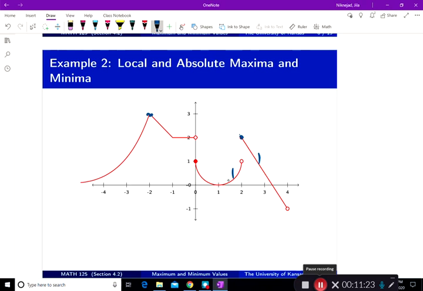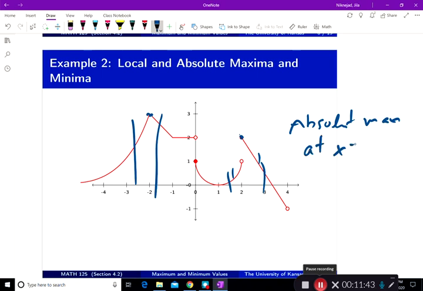Within a little neighborhood around it, it's the maximum. Actually, this one is an absolute maximum. So absolute maximum at x equal to negative 2 and is 3.